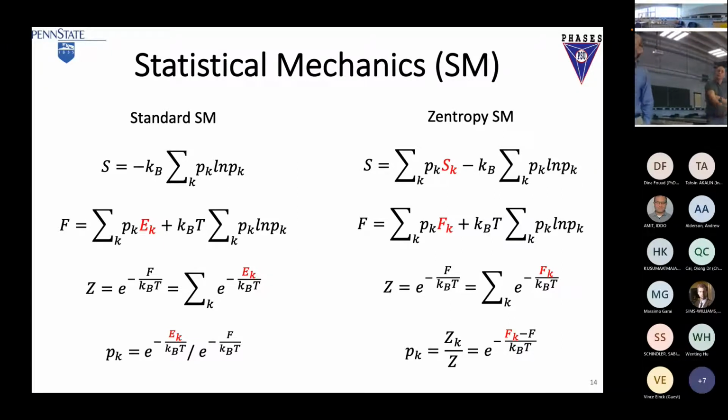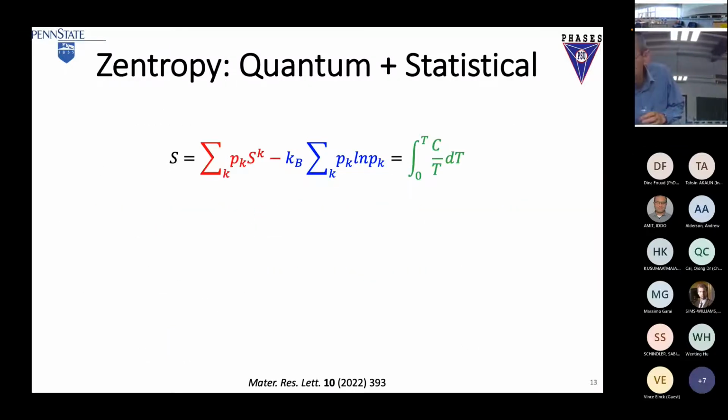So what you do is that you calculate the FK basically. You calculate FK. Let's use DFT, density functional theory. The FK has three terms. One has the internal energy, then the electronic contribution, the phonon contribution. So that's in this equation we have here. You have three terms.